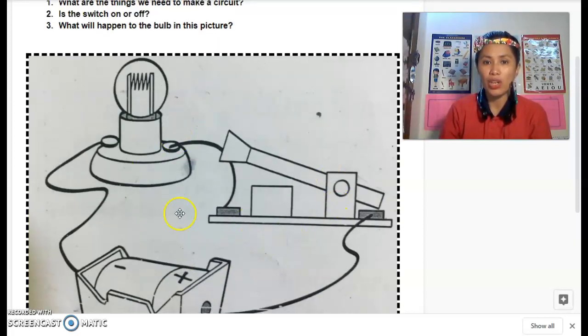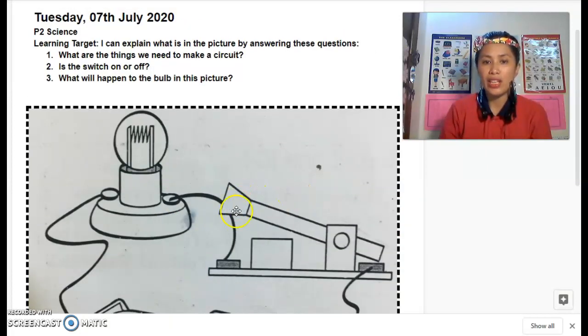So in this picture, the only difference is this one, right? Yesterday, this is the switch, and the switch here is off. So when the switch is off, there is a gap, and once there is a gap, the electricity cannot flow.